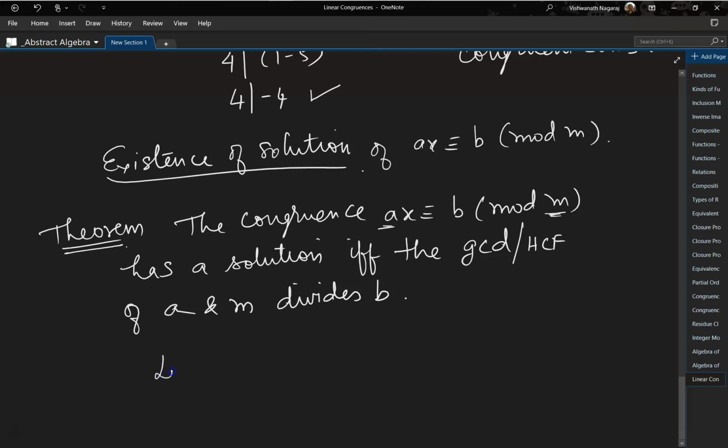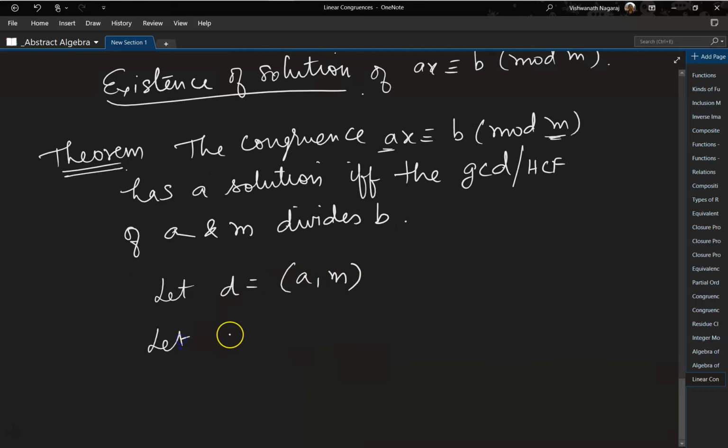Okay, let's prove this. Let D be equal to the GCD of A and M, and let AX be congruent to B mod M have a solution x equal to x1.